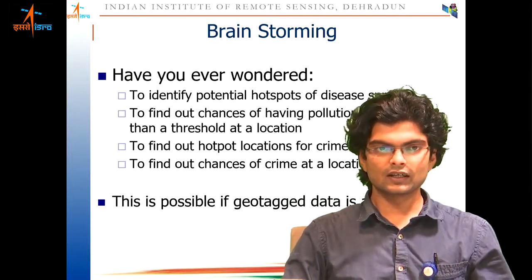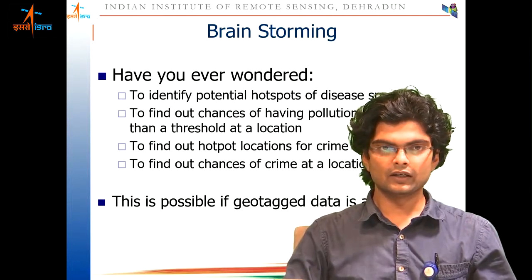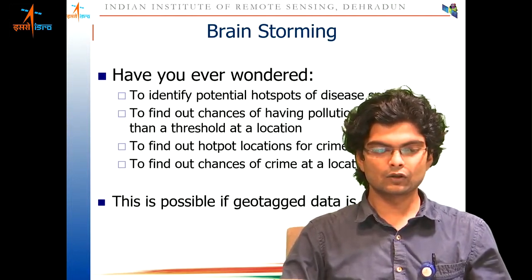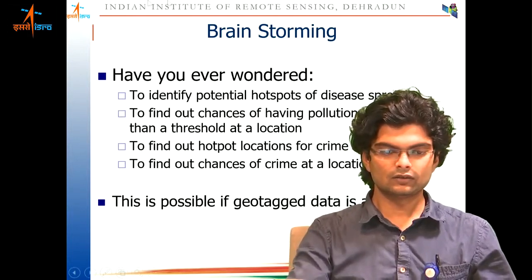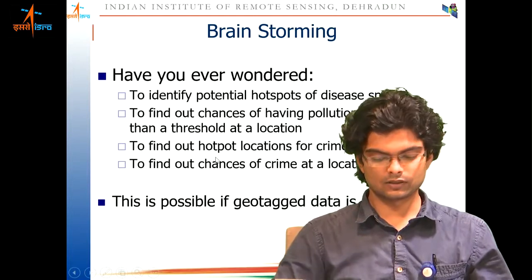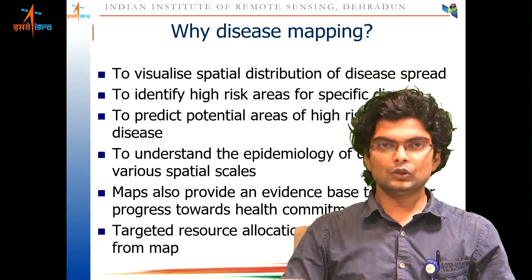All this kind of analysis is possible only if you are having geotag data. If geotag data is not available, then whatever questions are written here cannot be answered. So the basic requirement in GIS is geotag data.